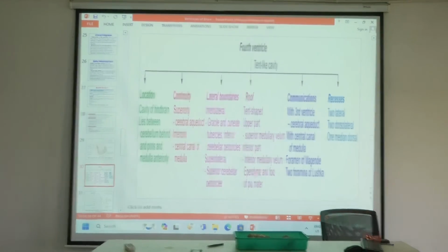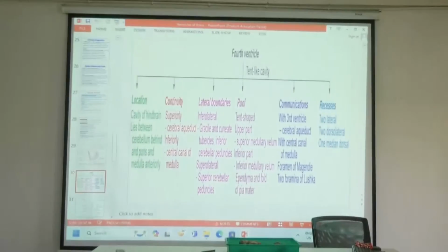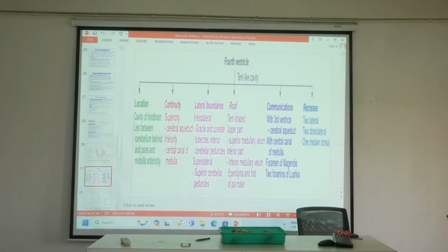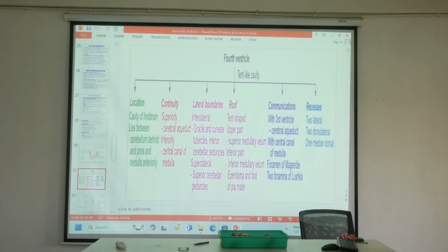Superolateral boundary by the superior cerebellar peduncles. Next is roof. Roof is tent-shaped. Upper part is formed by superior medullary velum. Inferior part is formed by inferior medullary velum, and ependyma and fold of pia mater. So these are the boundaries.